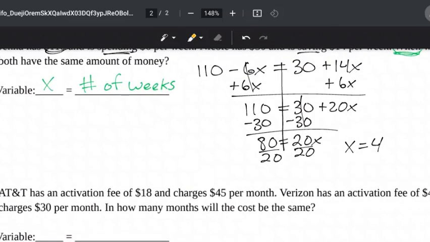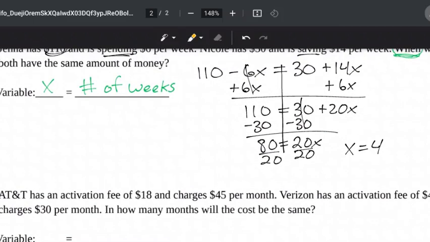So again, x equals 4. That's good that we see what x equals, but now we have to write into a sentence so that we can tell what it represents.